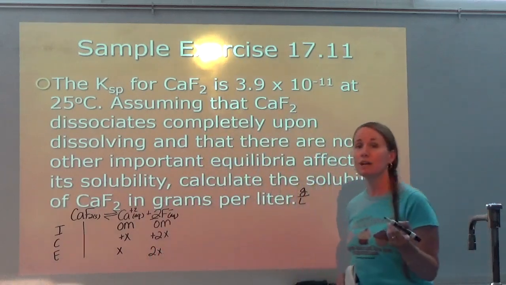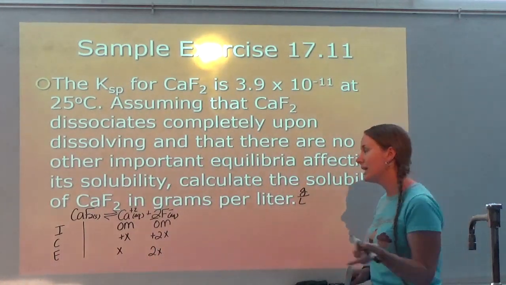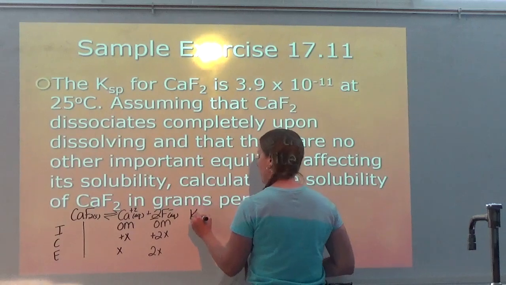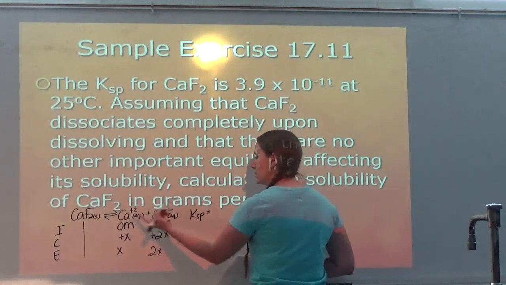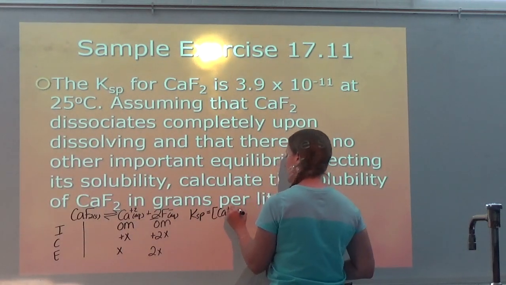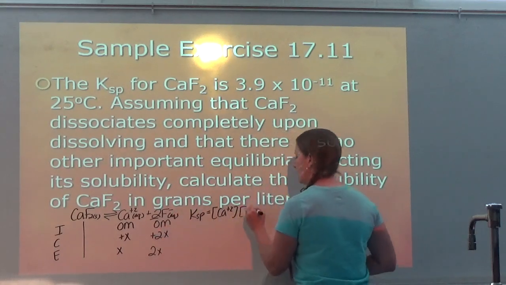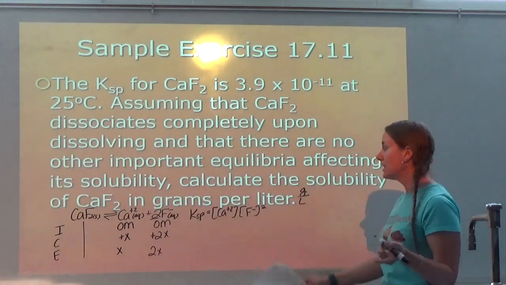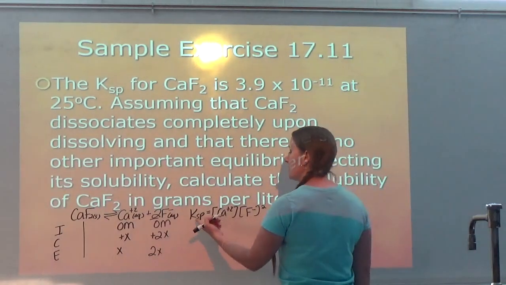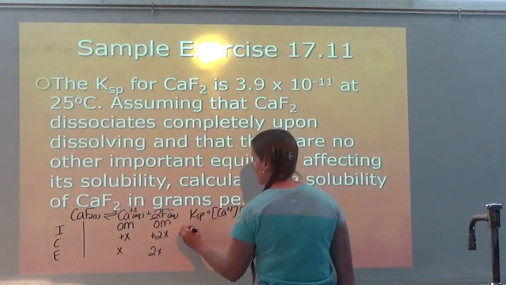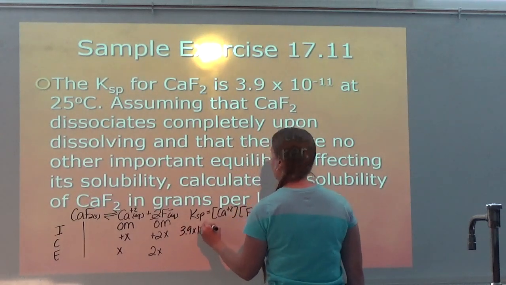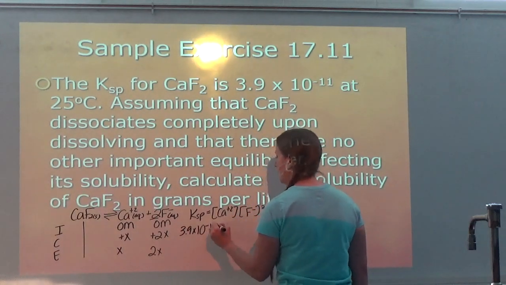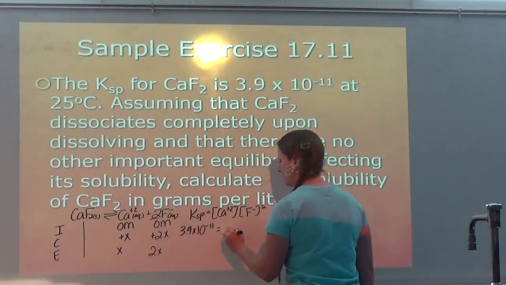Now this is where you have to be careful. So actually I am going to go ahead and write the Ksp expression for you again. So Ksp is products, so my calcium ion and my fluoride ion, but I'm going to square it, over reactants, which is a solid, so it doesn't matter. So then I just plug in. My Ksp is 3.9 times 10 to the negative 11 equals, my calcium is x.